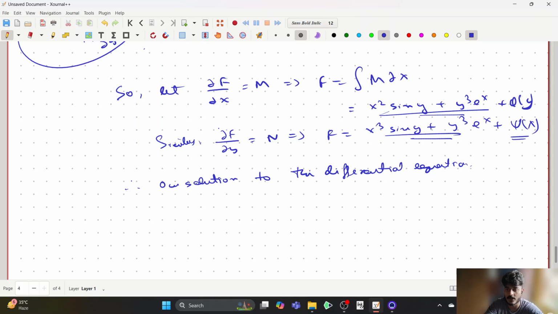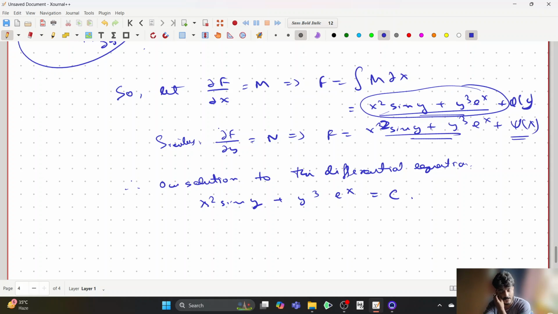That is your solution. Now you can see that both the expressions are repeating twice in both the expressions for f. So the solution is just x square sine y plus y cube e to the power x equals a constant. So that will give you the solution.